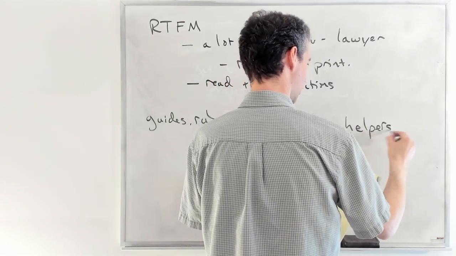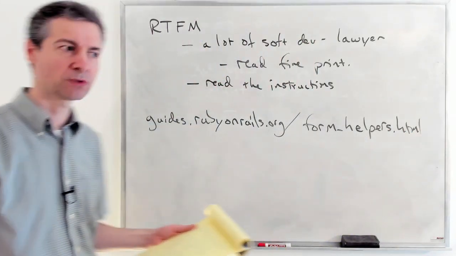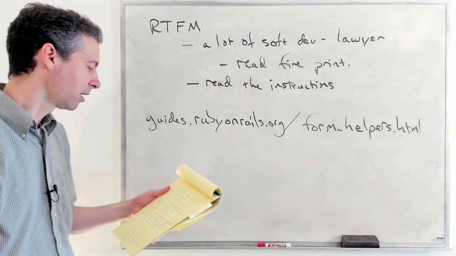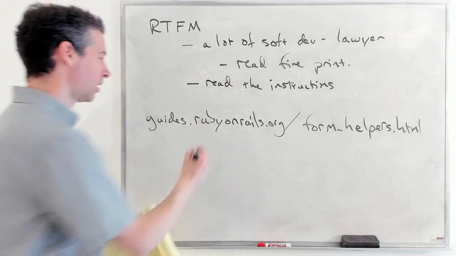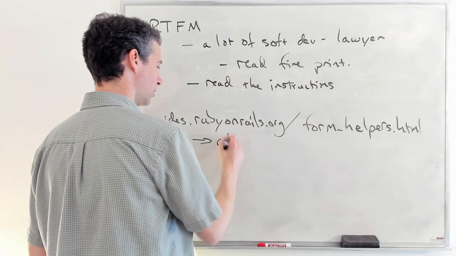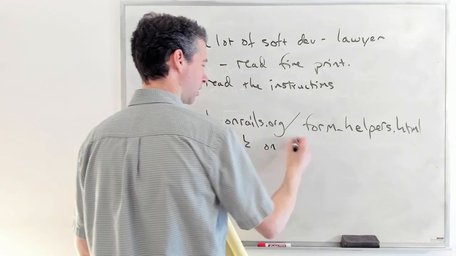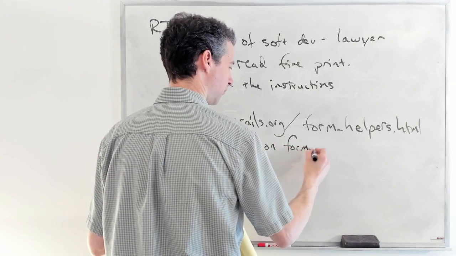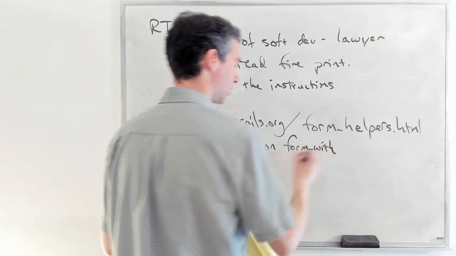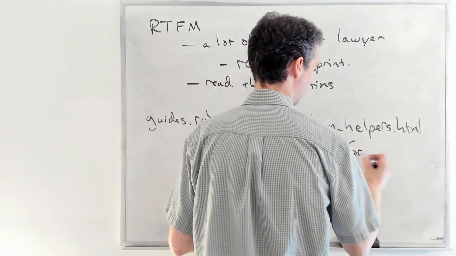This is all about what it takes to actually use the forms, okay? And inside of this, there is a link. They'll mention form with, and it's actually a link. Click on form with for the detailed docs.